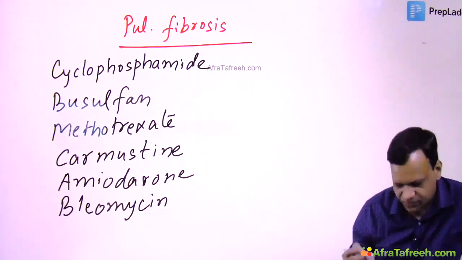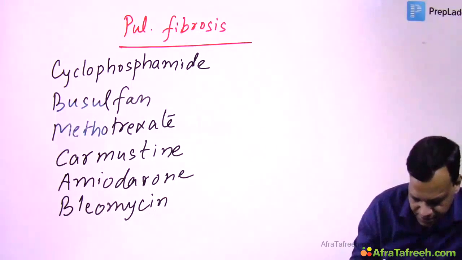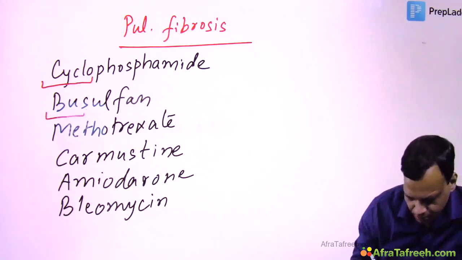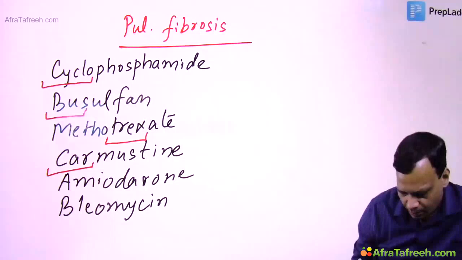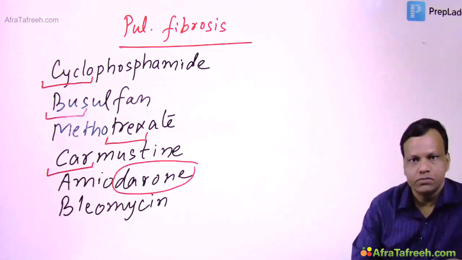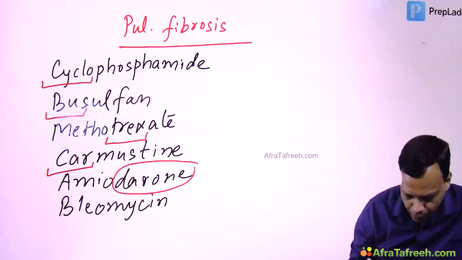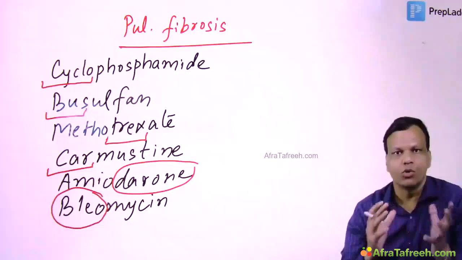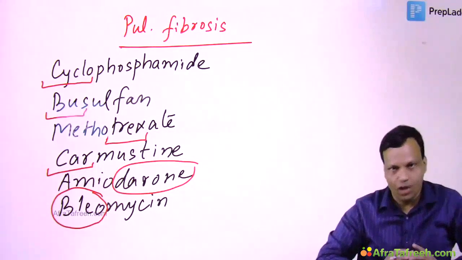The important drugs which can cause pulmonary fibrosis: the name contains cycle here, bus here, methotrexate, truck here, carmustine, car, amiodarone contains drone. So bus, cycle, car, truck, and all of them blow the horn. Bleomycin means blow the horn. So all these drugs can cause pulmonary fibrosis. Okay.